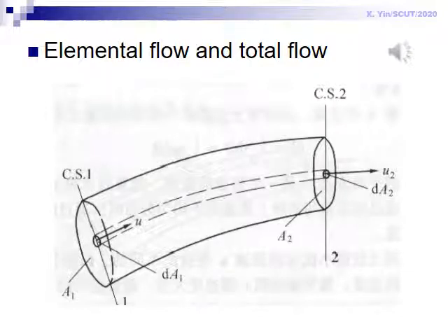The total flow is the entire flow in the pipe, or we can say it's the summation of the elemental flows. The total flow has an upstream discharge cross-section CS1 of area A1 and a downstream discharge cross-section CS2 of area A2.